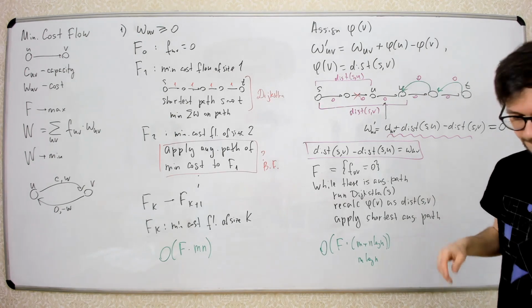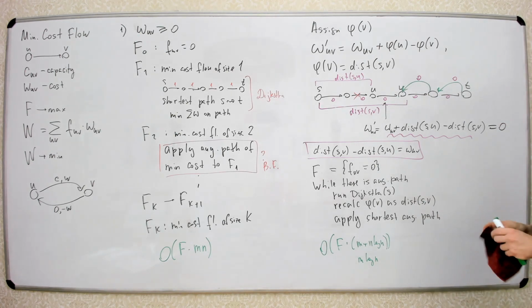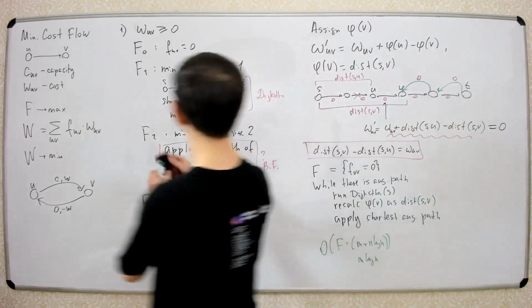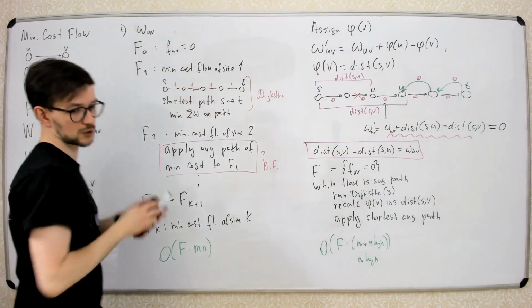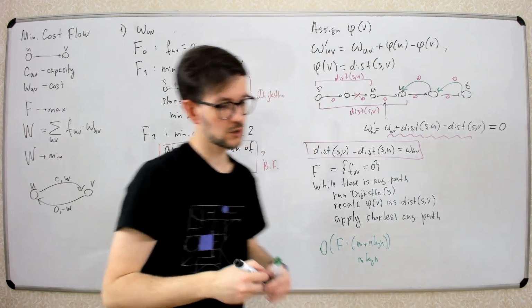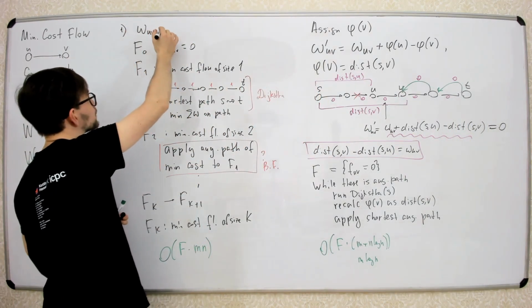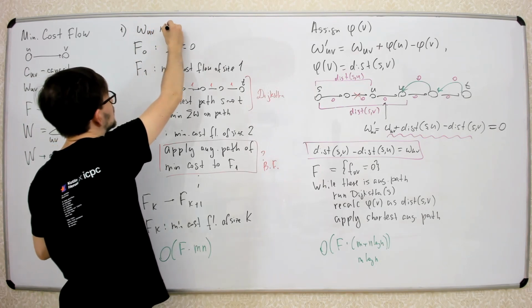Now, what happens if you have negative edges but don't have any negative cycles?